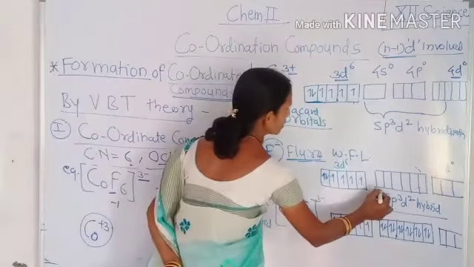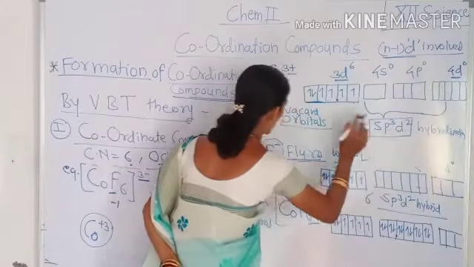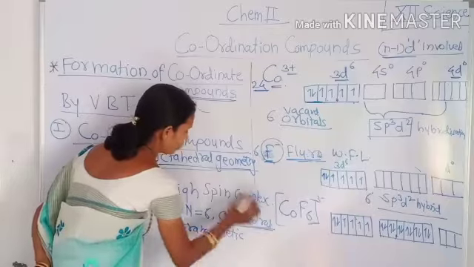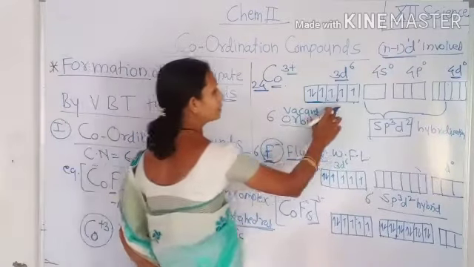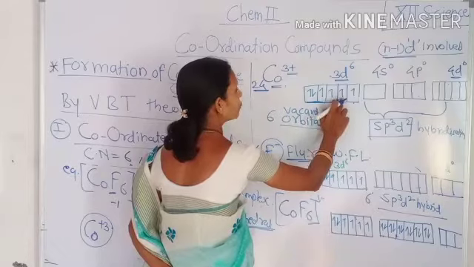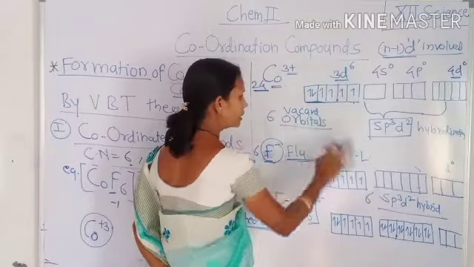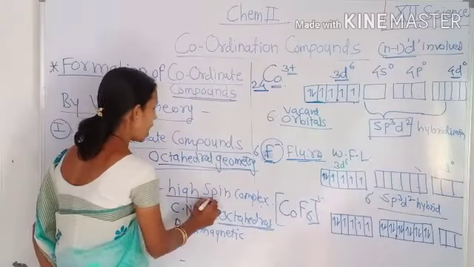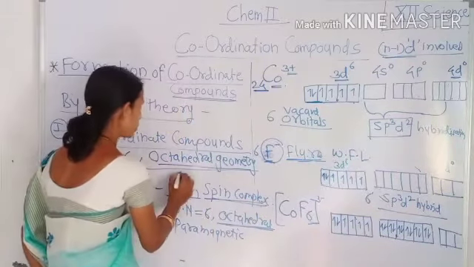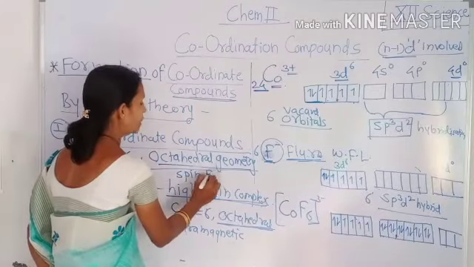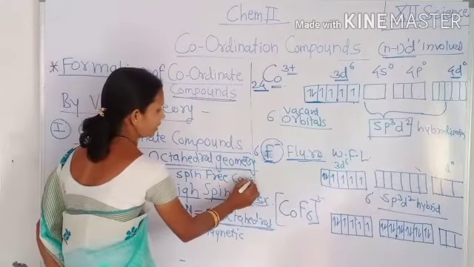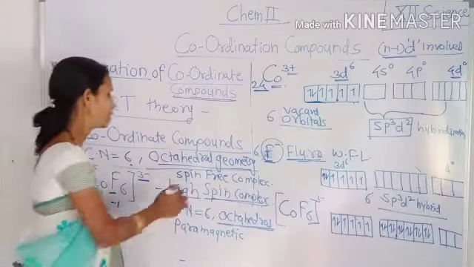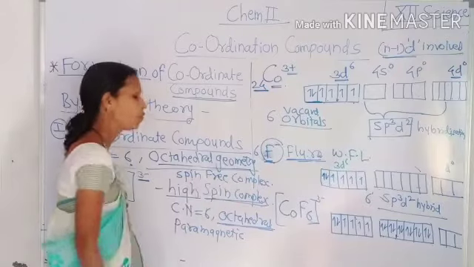Hybridization is sp3d2 type, so this complex has octahedral geometry, as pairing of electrons in the 3d orbital does not take place. Therefore it forms a high spin complex, also known as a spin free complex.